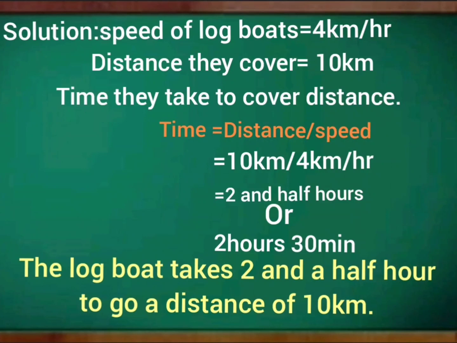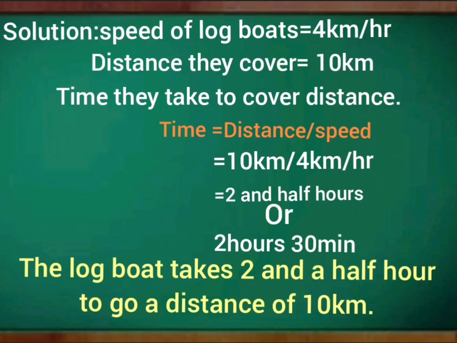Solution. Speed of log boats is 4 km per hour. Distance they cover is 10 km. Time they take to cover the distance: we can use the time formula. Time is equal to distance upon speed. Distance is given as 10 km. Speed is given as 4 km per hour. 10 km upon 4 km per hour.